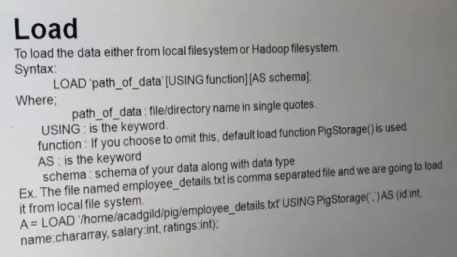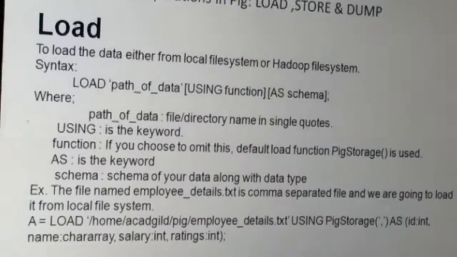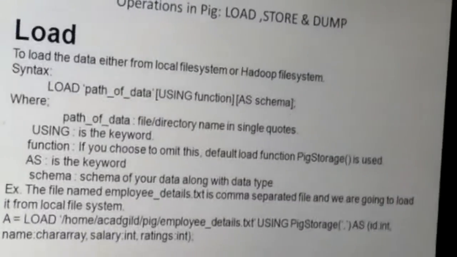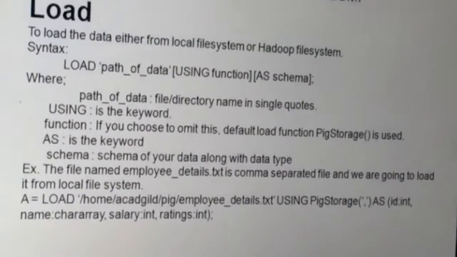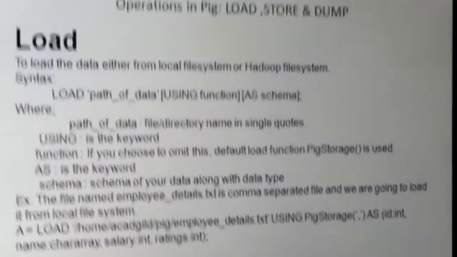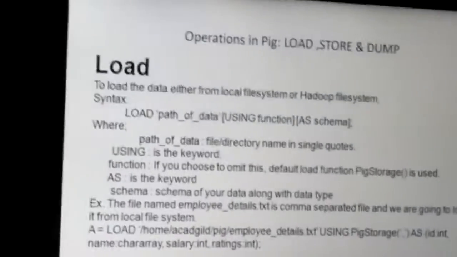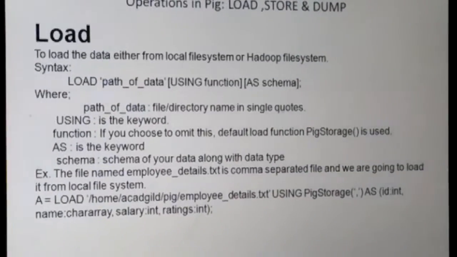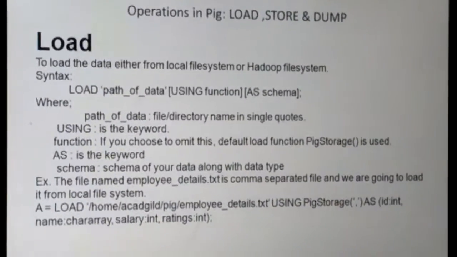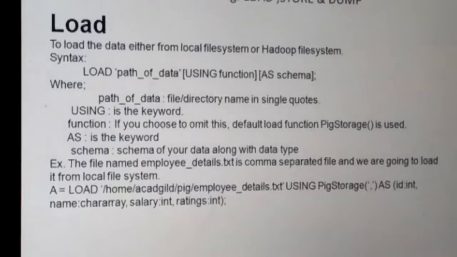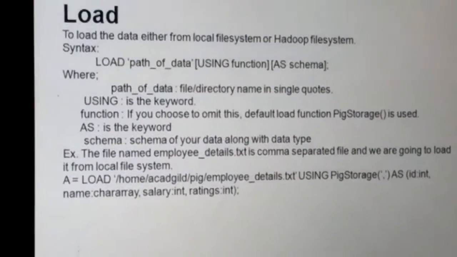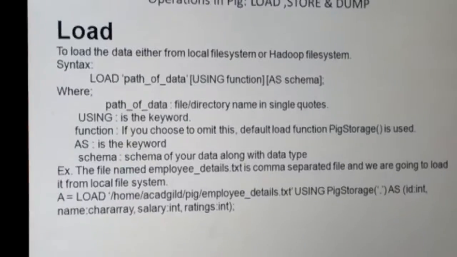Then function, if you choose to omit it, default load function PigStorage is used, so it's optional. So as is the keyword, which is used to store the schema, which schema is to be loaded. So here that example was shown, so that I just now explained. So this is a way for loading the file from the path where it is stored.